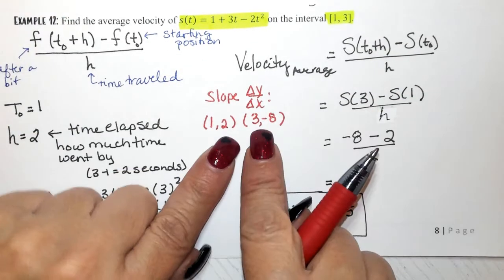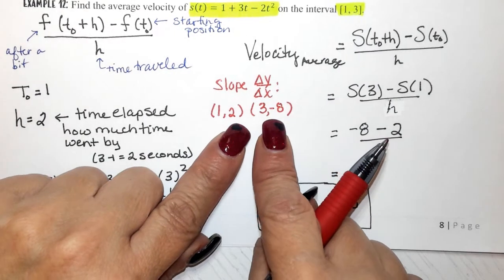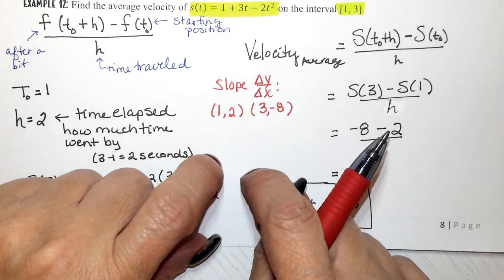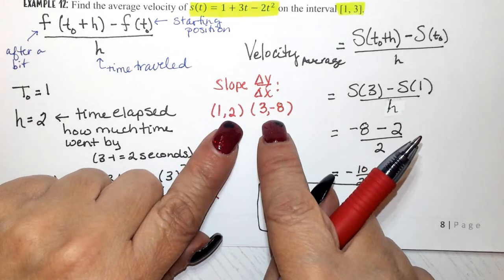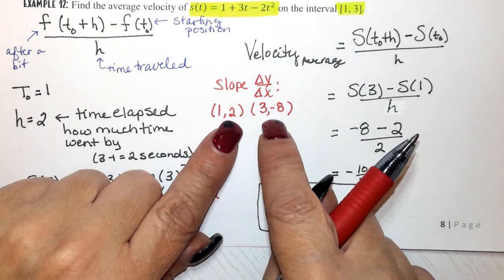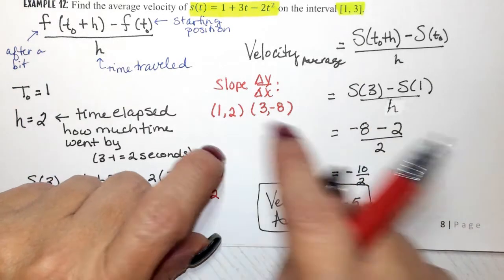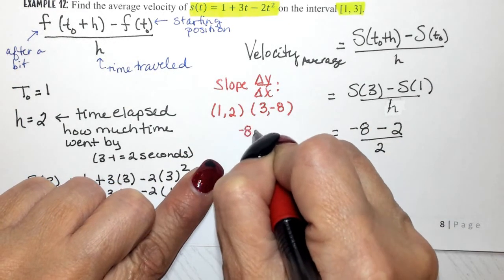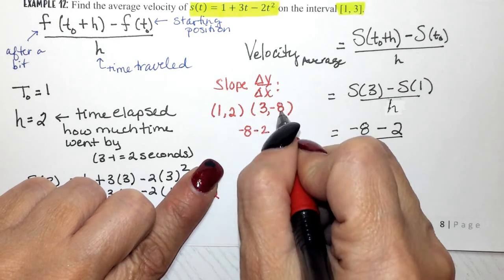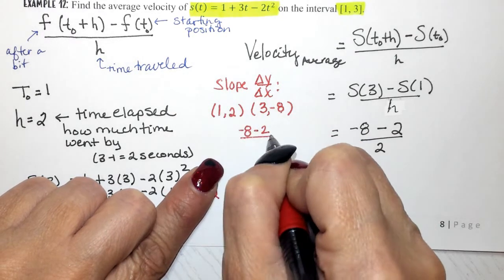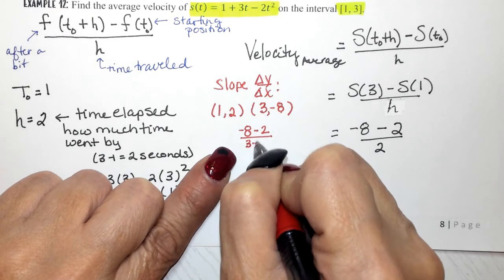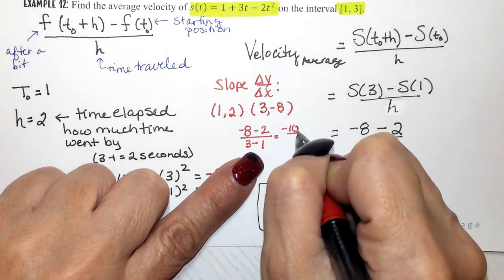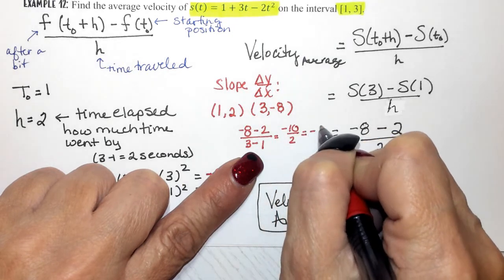So I have these two ordered pairs. The slope of the tangent, that's what I'm really finding here. If I were to use these ordered pairs and find the slope of the line, it would be the same thing: negative 8 minus 2, y2 minus y1, over 3 minus 1, which is negative 10 over 2, which is negative 5.